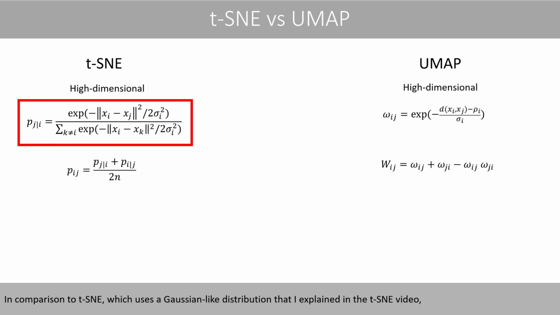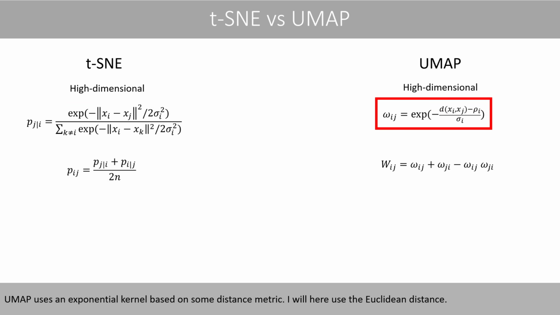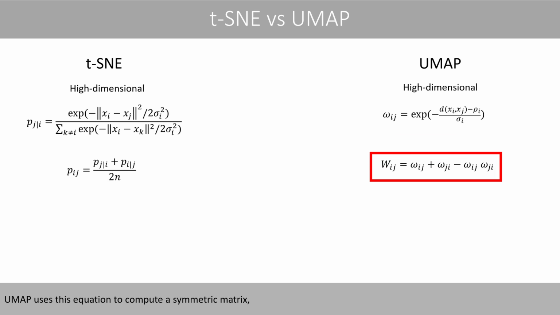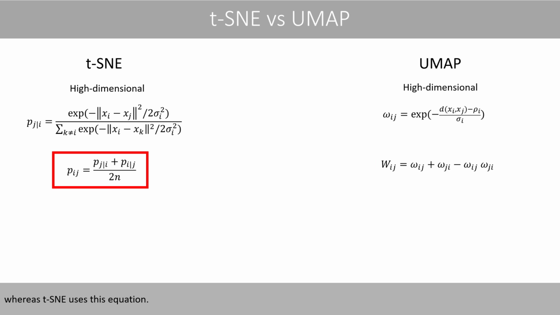In comparison to t-SNE, which uses a Gaussian-like distribution that I explained in the t-SNE video, UMAP uses an exponential kernel based on some distance metric. I will here use the Euclidean distance. UMAP uses this equation to compute a symmetric matrix, whereas t-SNE uses this equation.